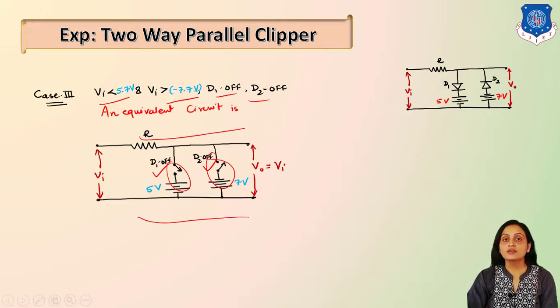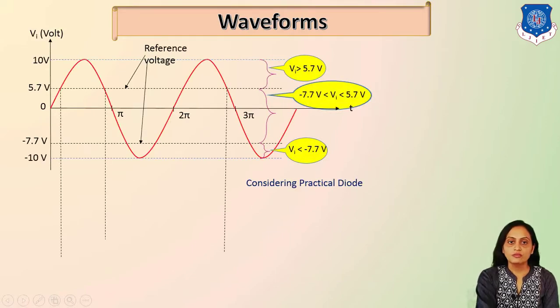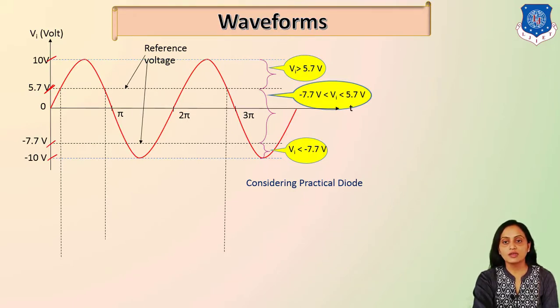Now let us plot the waveform for this. This is the input voltage waveform with the peak voltage of 10 volt, minus 10 volt, with the reference voltage 5.7 volt and minus 7.7 volt. And for this duration, that is input greater than 5.7, D1 on, and output voltage is equal to 5.7 volt.